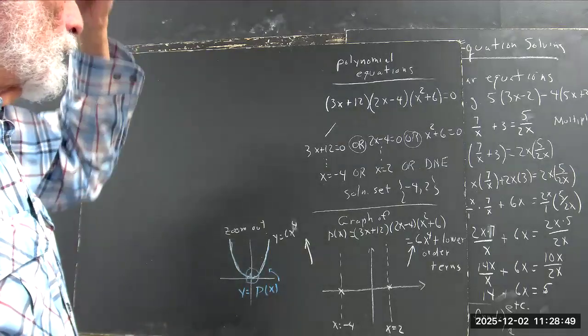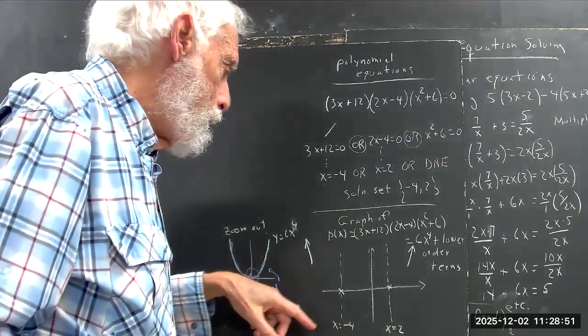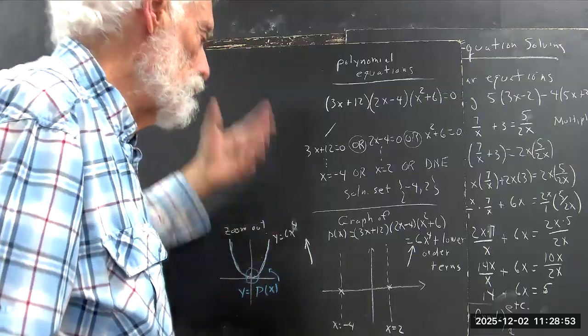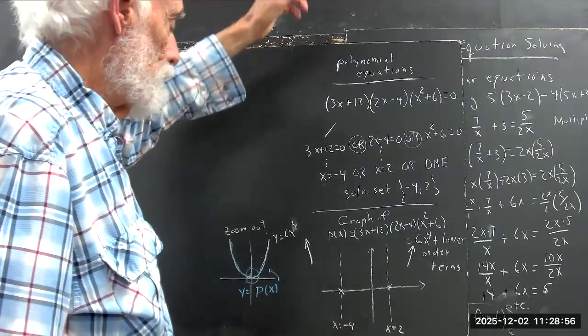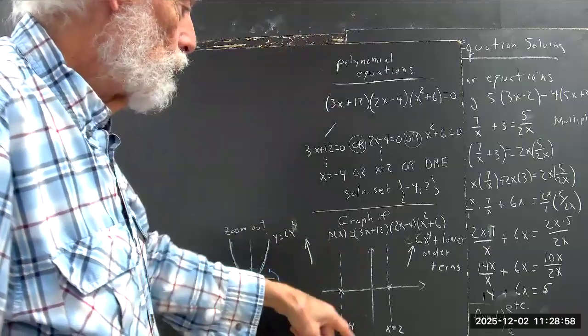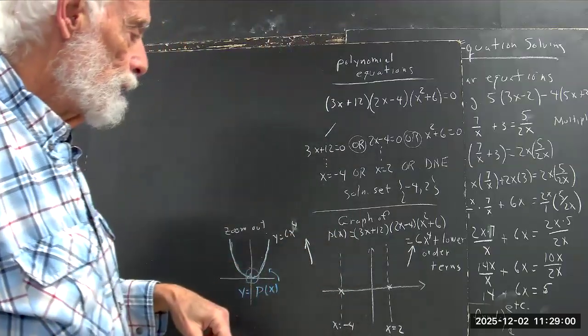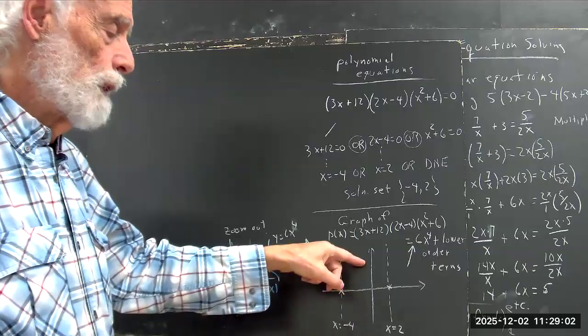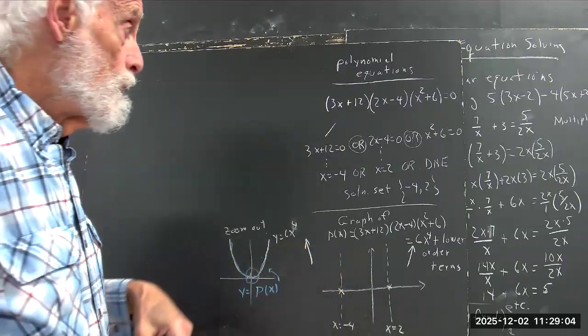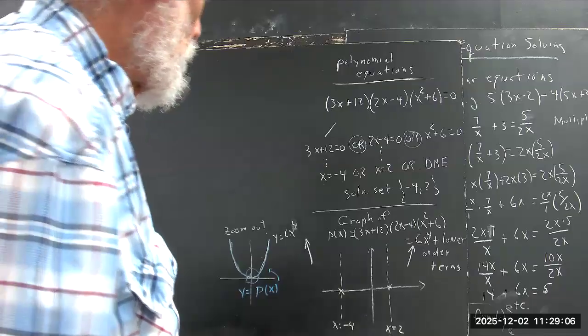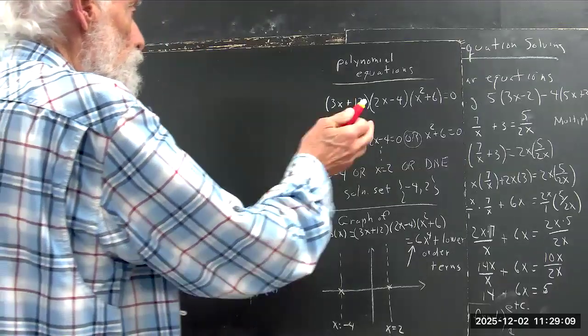Now, whether it, well, the way it goes down, we want to get the y-intercept. If we get the y-intercept, then we know whether it's below or above the axis down here. So what's the y-intercept?